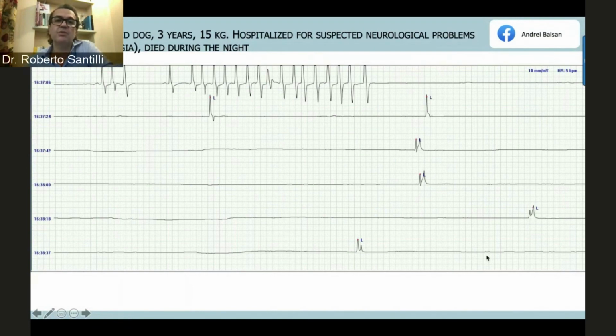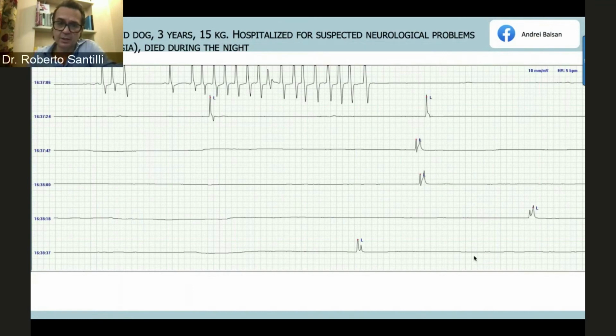So in my experience, I've seen cases like this usually due to a central problem. Obviously, we rule out sinus node dysfunction for different reasons. First of all, because he doesn't have this type of symptoms, and second, because it's a very young dog, and he probably has a central nervous problem.